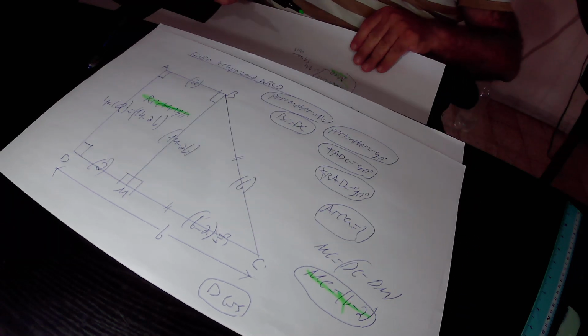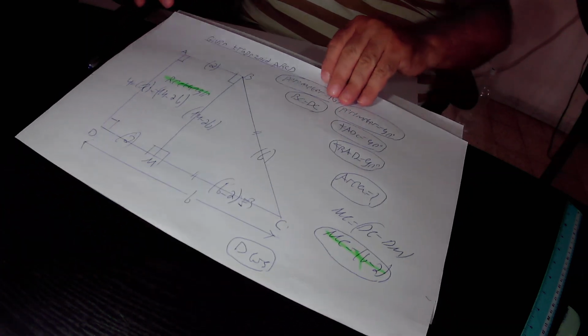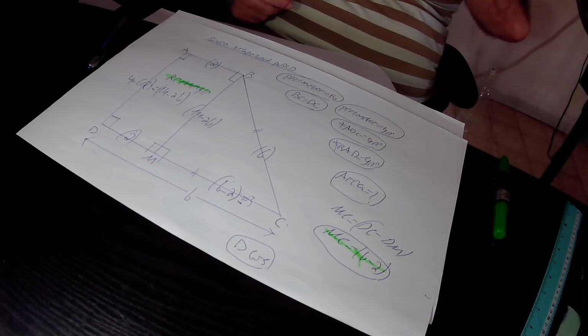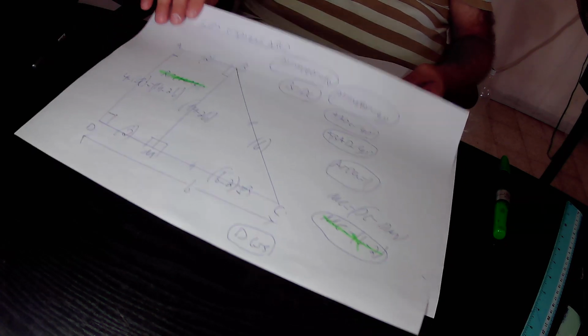To repeat again, the area of this trapezoid ABCD is equal to 14 square units. So we finish with the first question. In the next step, I present to you the second question and the answer of the second question of this lecture.